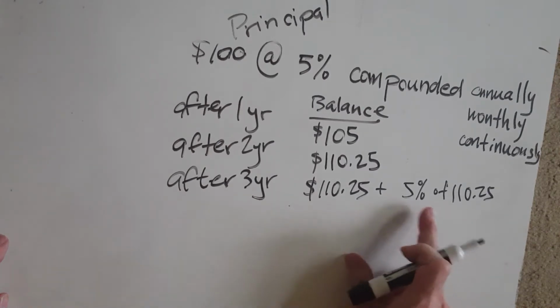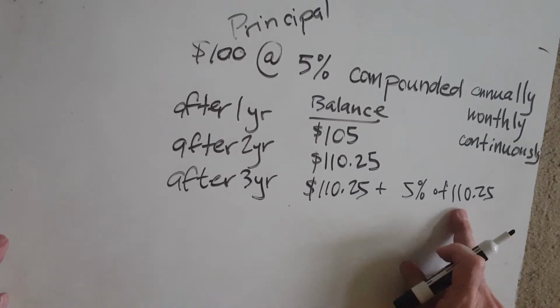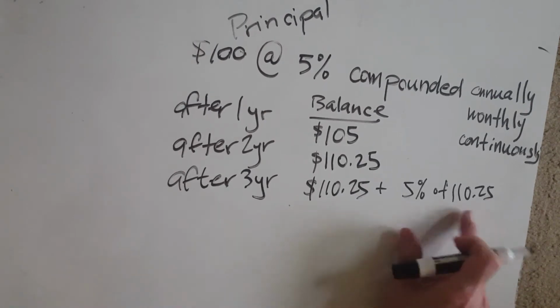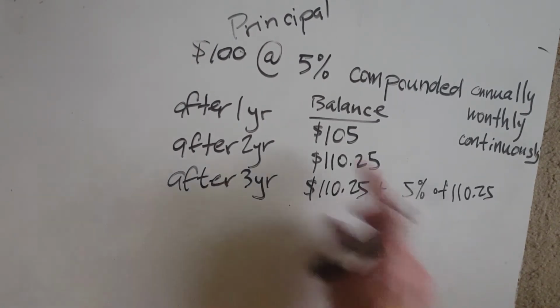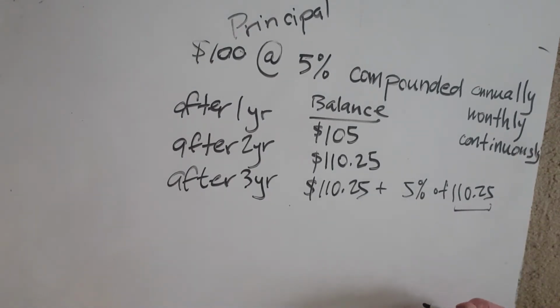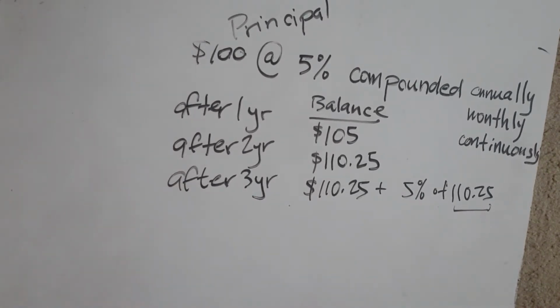And you can see that obviously 5% of $110.25, which would be compounded interest, is going to be larger than your simple interest, which would be 5% of $100. We're getting paid interest on this extra $10.25. So that's why compounded interest is a better deal than simple interest. And I don't know of any institution, any situation where simple interest is paid anymore. But that's the difference between simple interest and compounded interest.